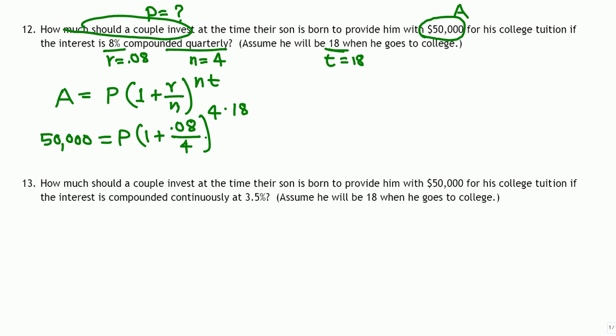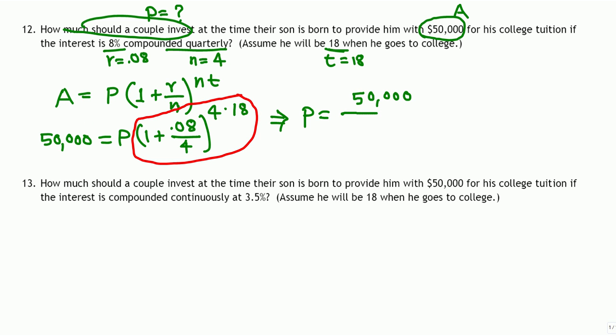This will be a decimal number, and when we divide both sides by this decimal number, we get P. So P is in fact 50,000 divided by (1 + 0.08/4) raised to 72, and you use your calculator and find the answer.